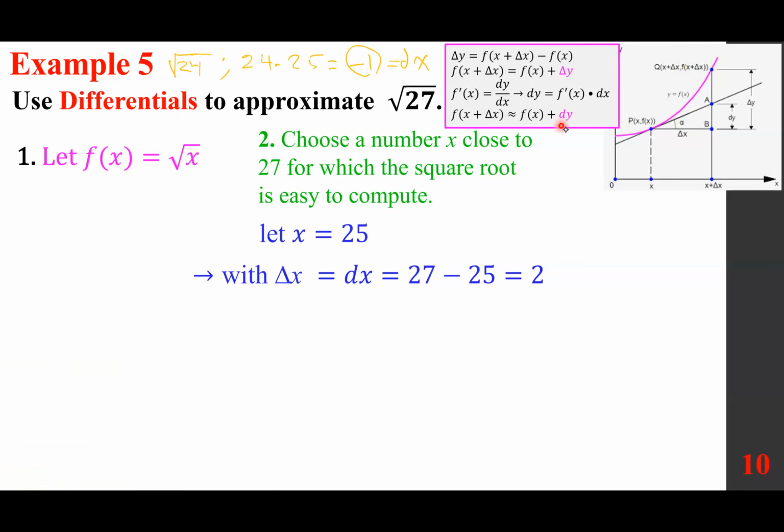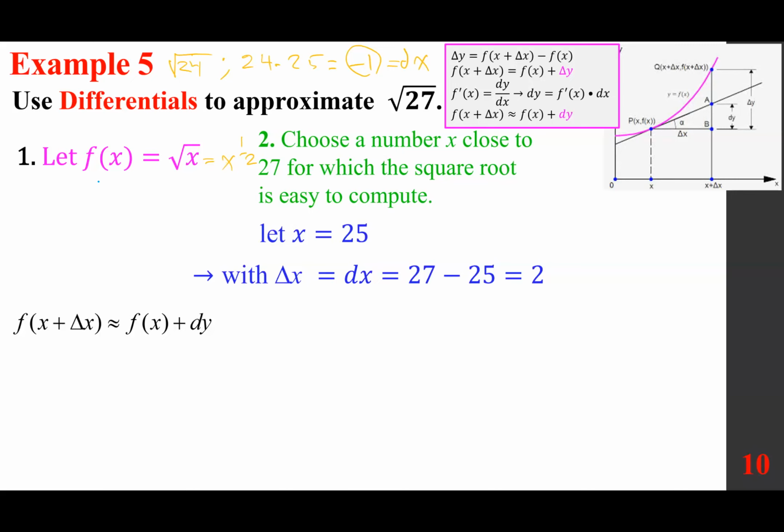This is exact. This is the approximation we are going to work with, which means I want f of x, I already have it. I want dy, I don't have it. I'm going to find it. To find that, I'm going to go with f prime of x and differentiate this. So I'm going to change this to x to the power 1/2.